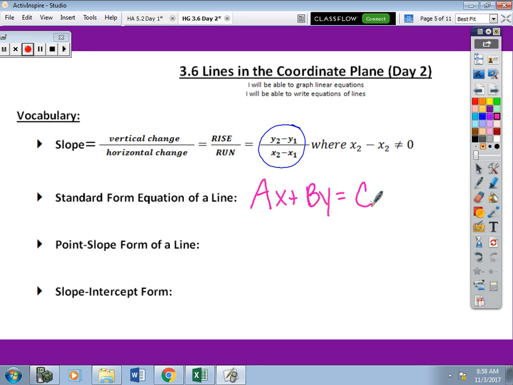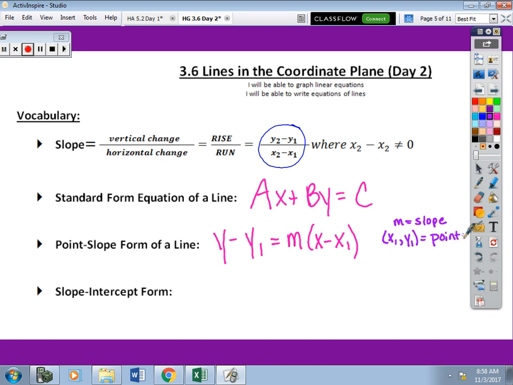Point slope form. Anyone remember that one? Hint, y minus. Brett? y minus y1 equals m times the quantity x minus x1. Good. So in this equation, remember that m stands for the slope, and then the point (x1, y1) is the point.